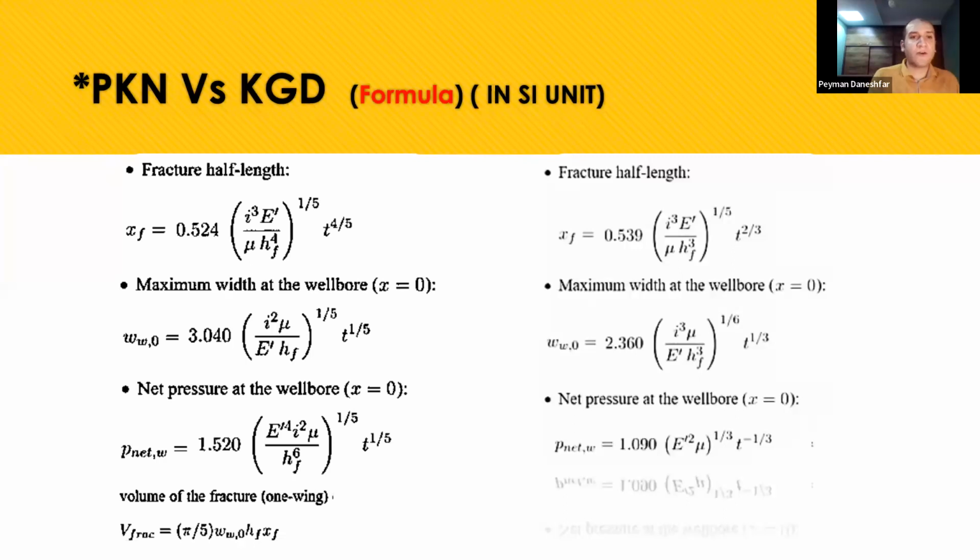So you can find the fracture half-length for the PKN model, the maximum width, the net pressure and the volume of the fracture, and likewise the fracture half-length for the KGD, the maximum width at the wellbore and the net pressure at the wellbore.